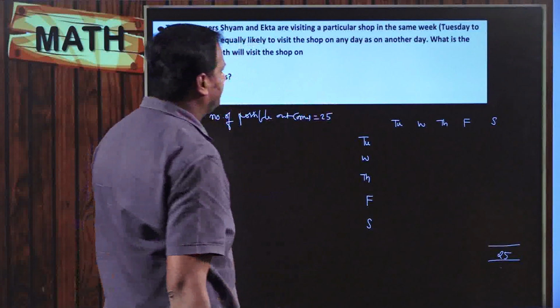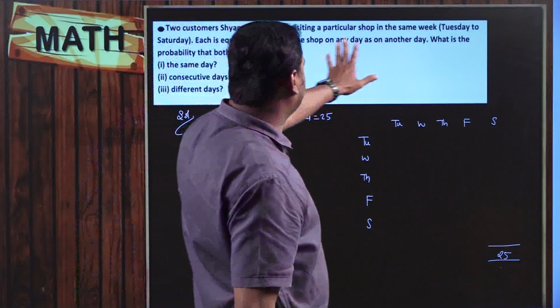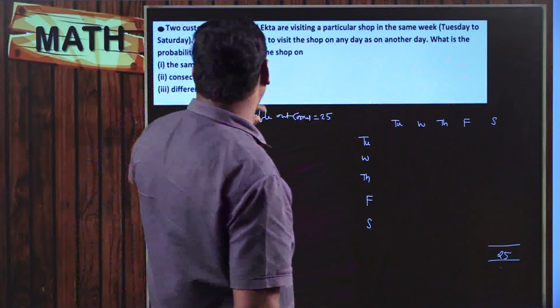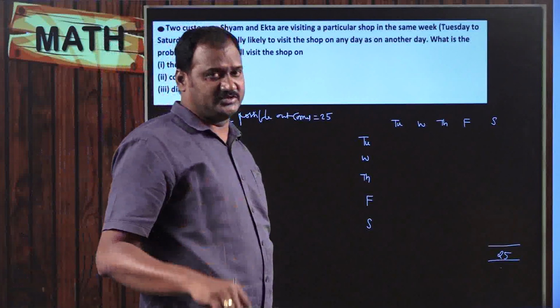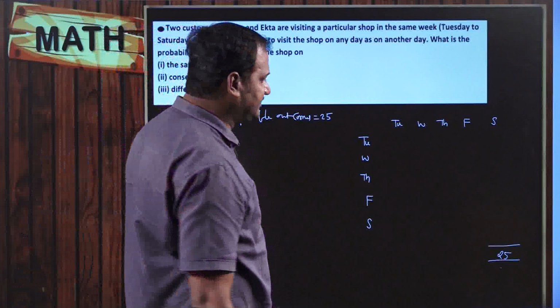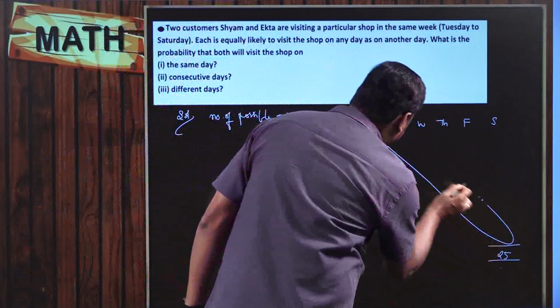Now coming to the problem. So what is the problem here? Each is an equally likely outcome to visit. What is the probability that on the same day? What do you mean by same day? Tuesday, Tuesday, Wednesday, Wednesday, Thursday, Thursday, Friday, Friday, Saturday, Saturday. Means they will come in this diagonal.